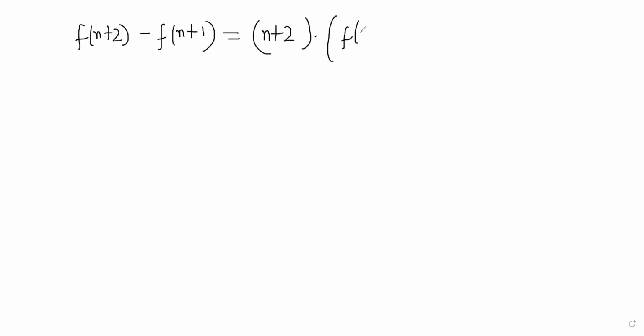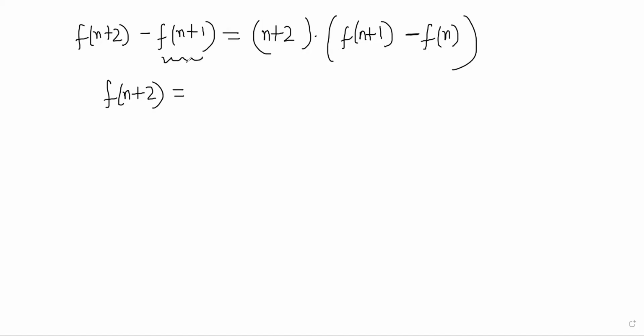We are getting f of n plus 2 minus f of n plus 1 is equal to n plus 2 times f of n plus 1 minus f of n, right? Now, the solution is almost done, because we can now bring f of n plus 2 on one side and take all the other terms to the other side.